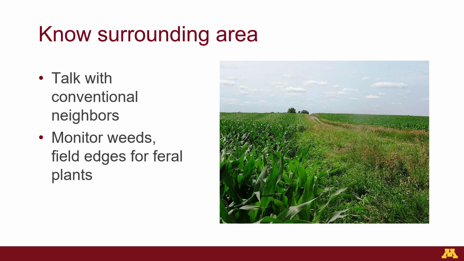With corn, it should be pretty obvious if there are volunteer plants springing up, but alfalfa and canola can sometimes persist and spread as feral populations, as weeds in the field or on field edges. Canola can also cross with wild mustard relatives, which may then carry transgenes that can cross back into related crops.